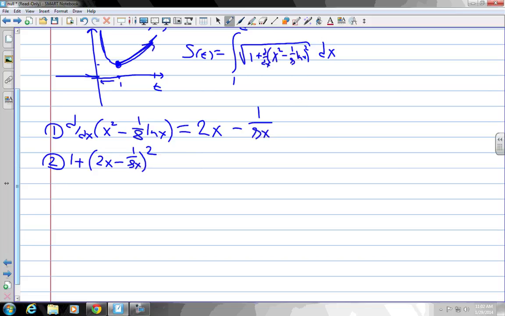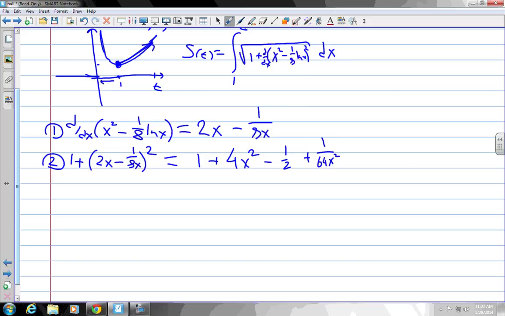We saw that it might almost work. So 1 plus 4x squared. Now 2 times 2 times 1/8, the x's cancel, so it's negative 1/2 plus 1 over 64x squared.